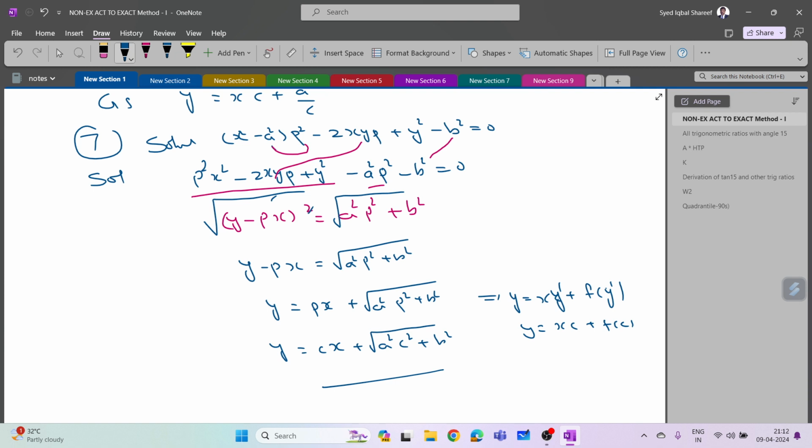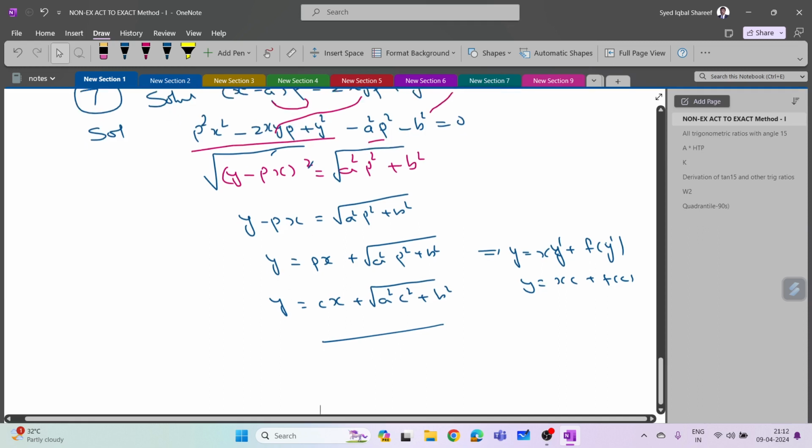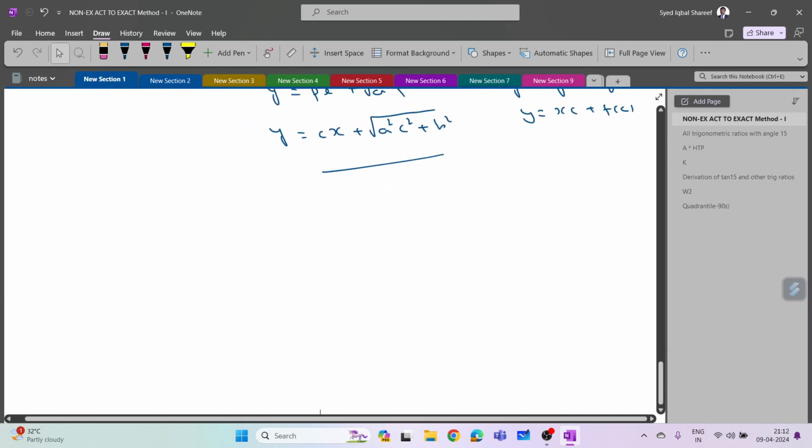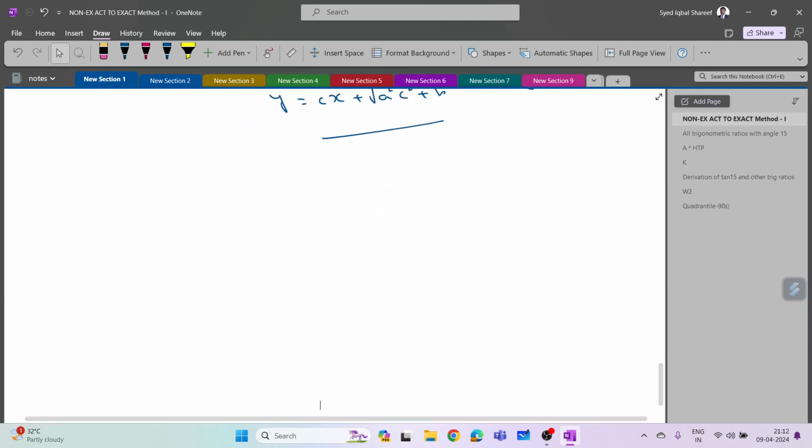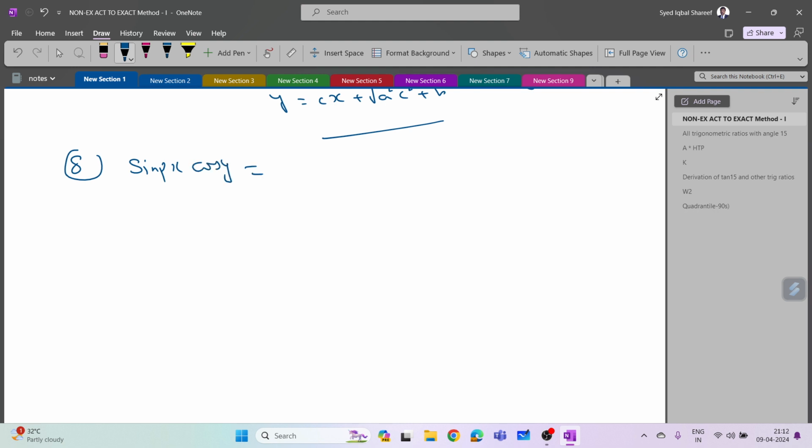One more problem of the same type. sin(px) cos y = cos(px) sin y + p.